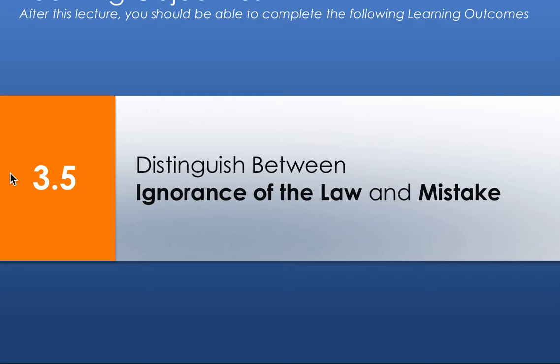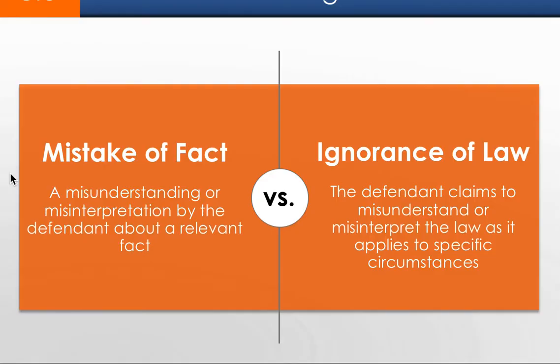So when can someone use that they did not know that something was a law, or they mistakenly interpreted the law? When we talk about ignorance of the law and mistake of the law, you can have a mistake of fact, mistake of law. You can have a misunderstanding or a misinterpretation about a relevant fact, about a law, about something that happens, right?